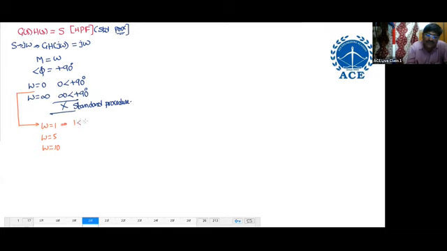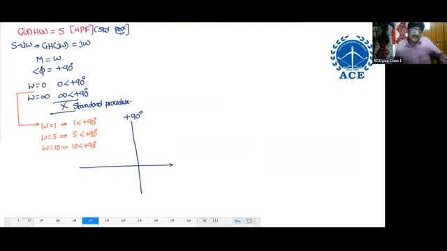Omega 1 means magnitude 1 at angle plus 90. Omega 5 means 5 at plus 90. Omega 10 means 10 at plus 90. Now draw the polar plot. Plus 90 degrees. Omega 0, magnitude 0 at plus 90.